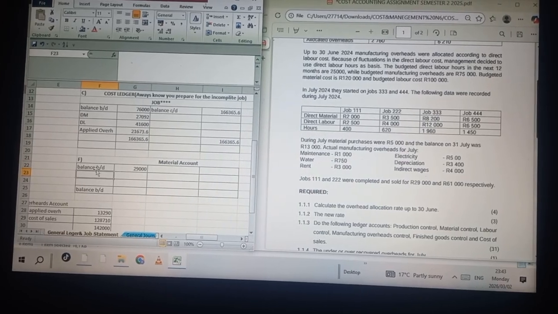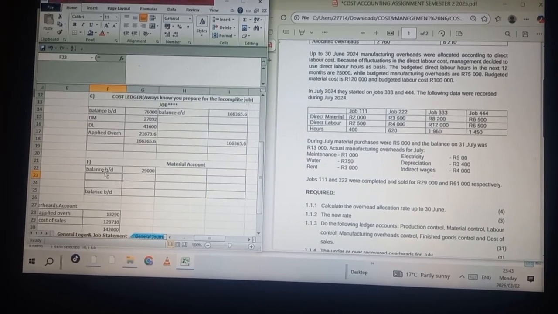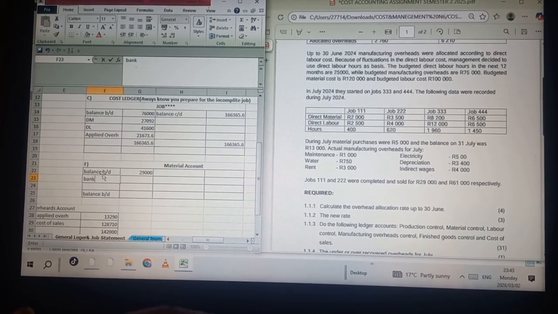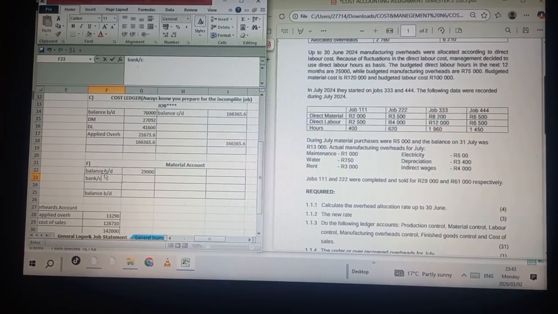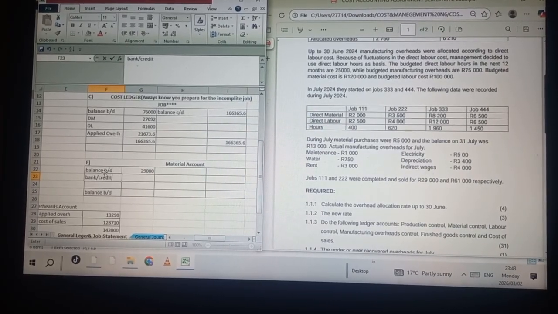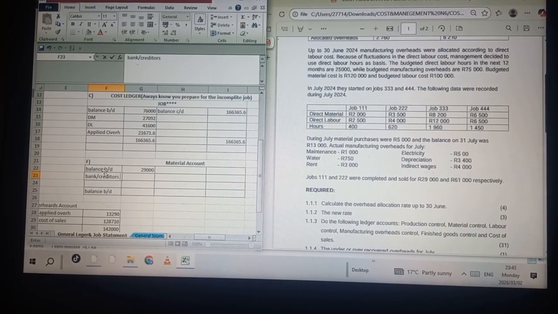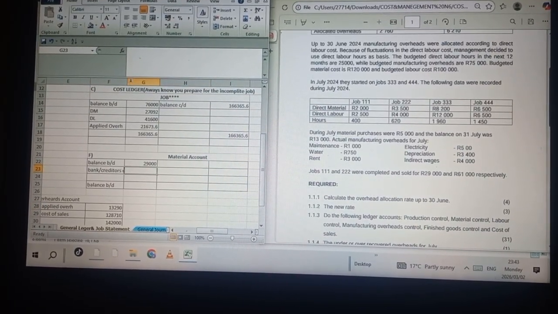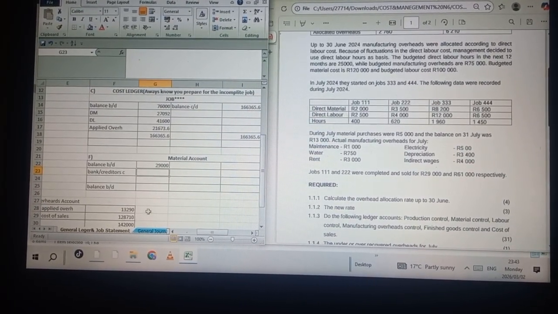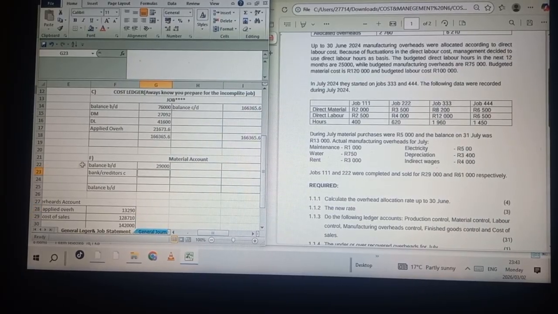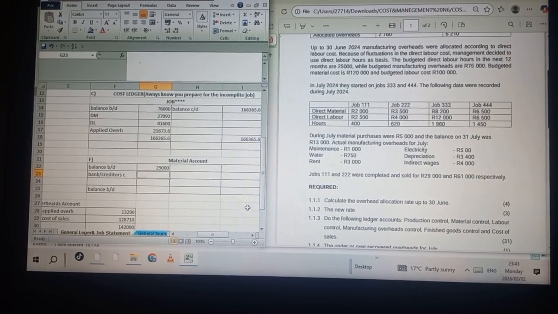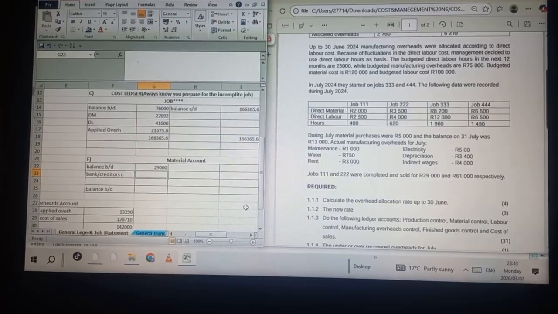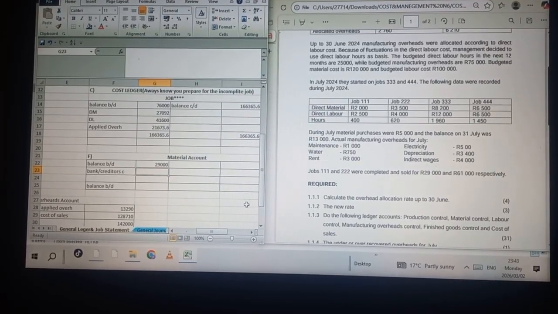So it's easy to just say bank or creditors control. If ever we bought cash, it is bank, and if ever we bought on credit, it is creditors control.